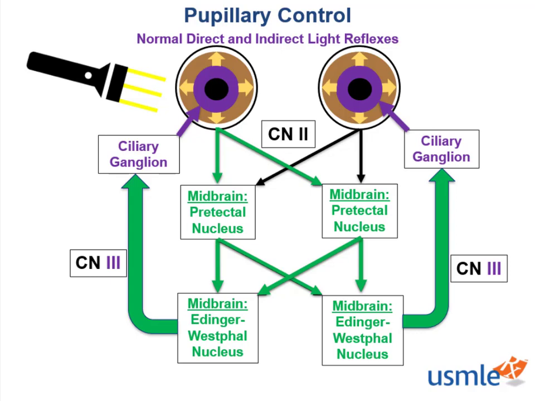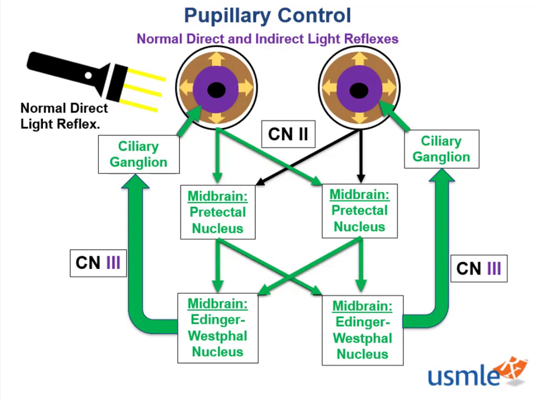From light shone into this one eye alone, bilateral ciliary ganglia will send postganglionic parasympathetic fibers to bilateral sphincter pupillae muscles in the irises of both eyes, causing bilateral pupillary constriction. Overall, this demonstrates a normal direct light reflex as the pupil of the eye that was directly exposed to the light source constricted.